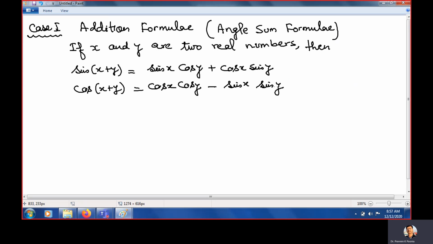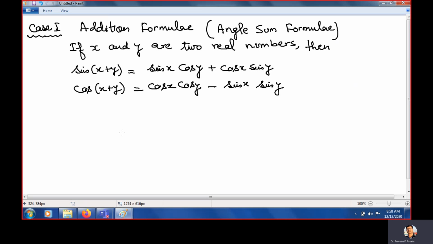Clear? So you are not supposed to learn these two formulae, but if you learn them, it will be an addition to your knowledge. Clear? We provide both these formulae in your exam. Clear? So here there are 2 types of problems.